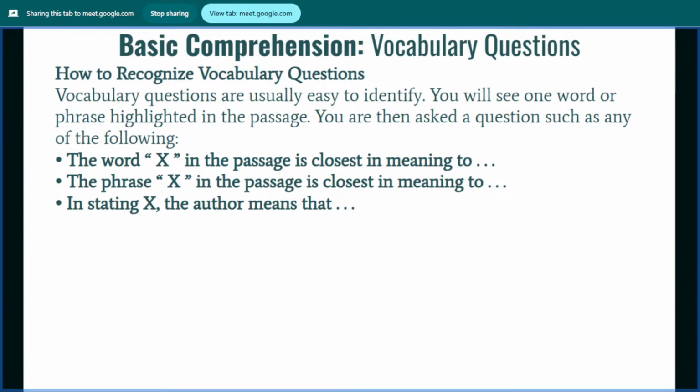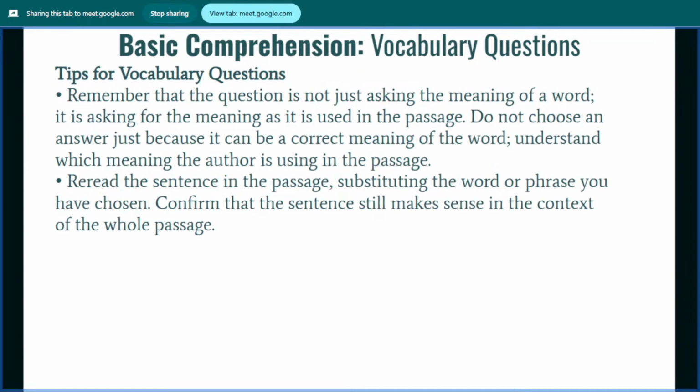If you feel confused, usually the words which are given are supposed to be easier in this, but say if you still get confused over here, the best thing that you can do is, in the sentence in which it is being used, the option that you select, try to insert that word in that sentence and see if it makes sense to you.